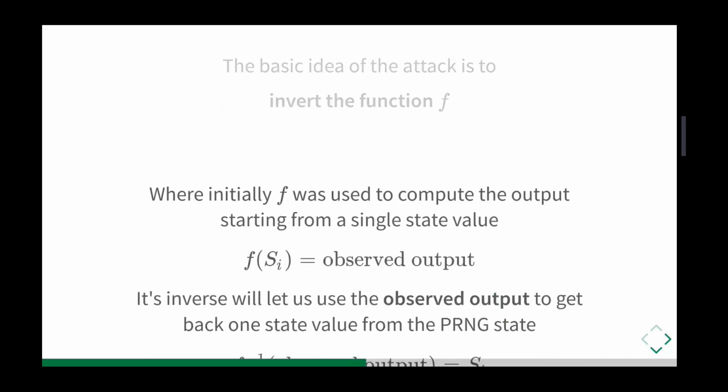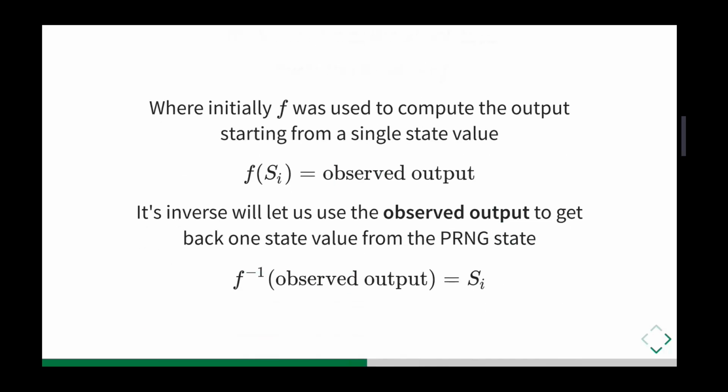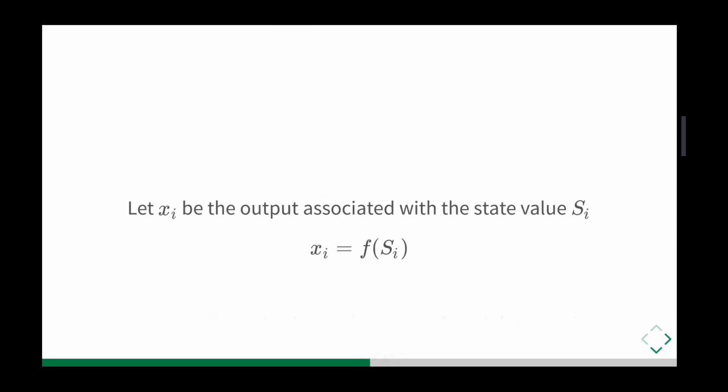Now remember, the function f was used starting from a single state value to produce the observed output. This means that if I invert f, I can go from the observed output, which is the input that I have, to extract one state value from the PRNG, from the state. So this is the idea, invert this function. We will see if this is possible, of course.